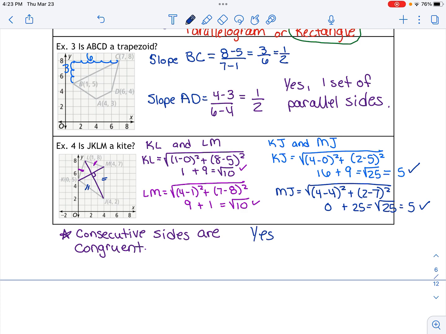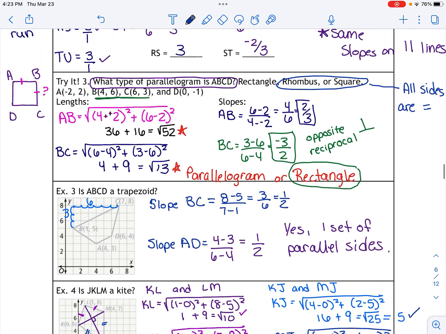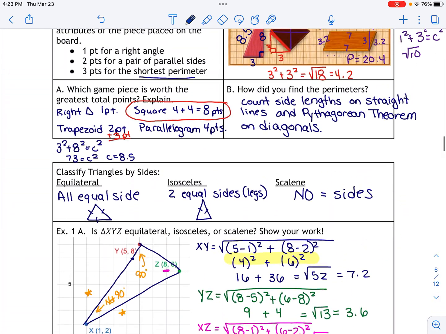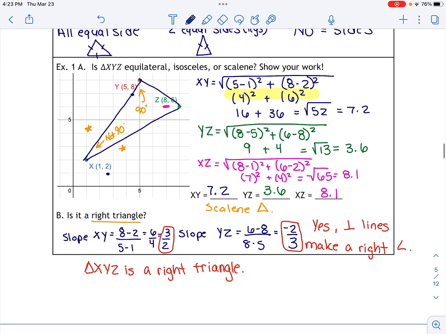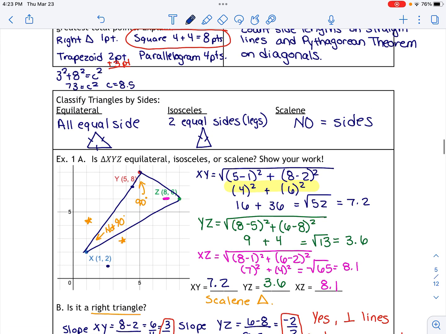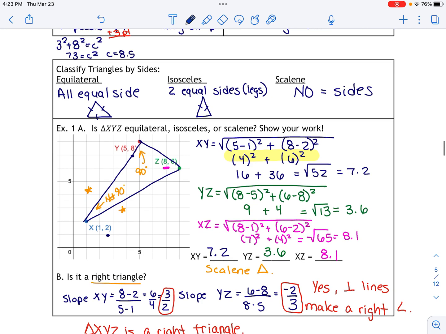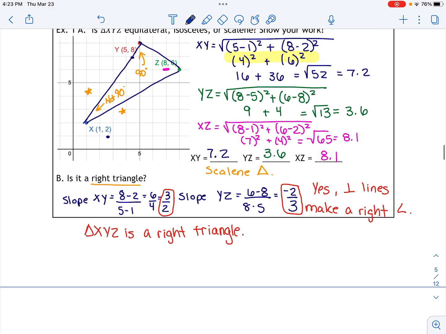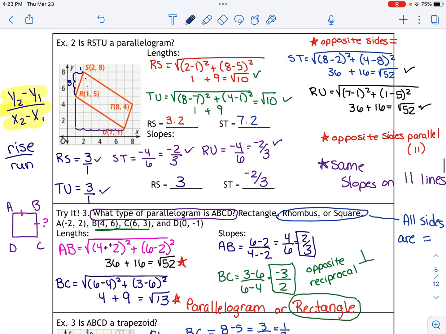All right, that's everything for day 2. So if you go back to the first video, we looked at using distance formula to classify the sides of a triangle, equilateral, isosceles, or scalene. And then to determine if it's a right triangle, we looked at slopes to show that they were opposite reciprocals.